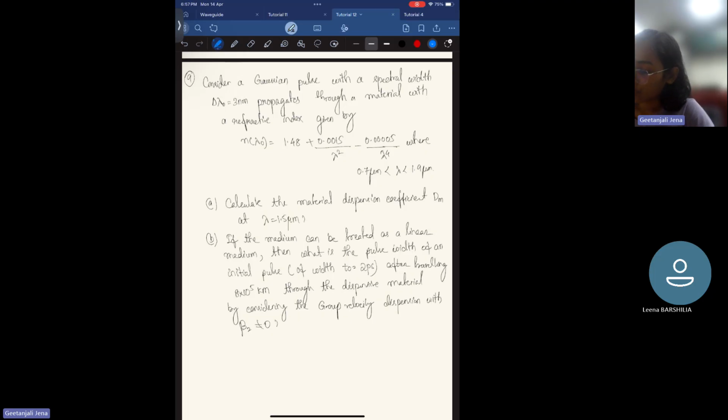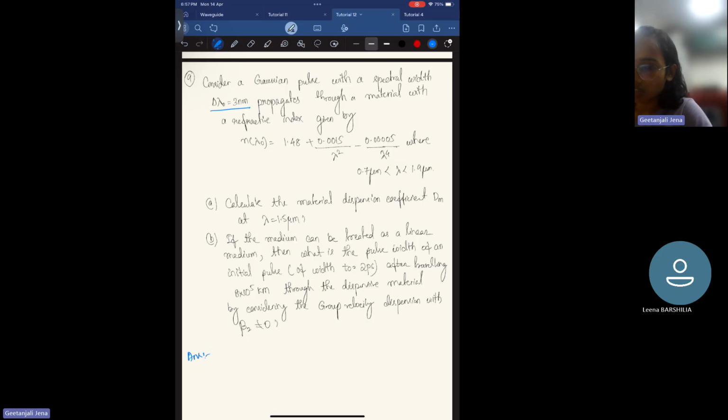Okay, let me read out the question first. It's given, consider a Gaussian pulse with spectral width delta lambda 0, 3 nanometer. It's a bit long question, so please try to cooperate with me.